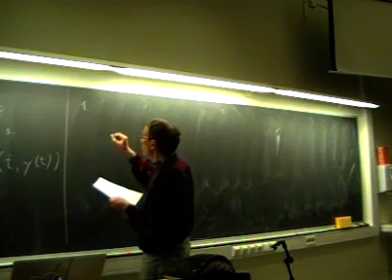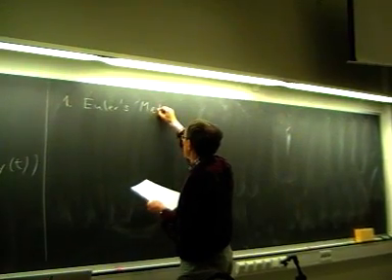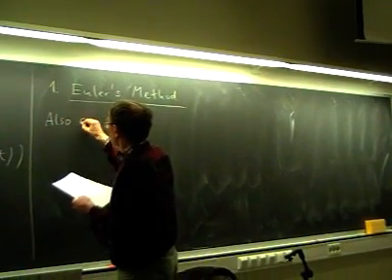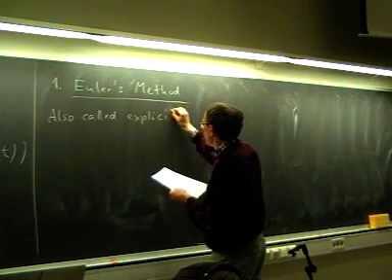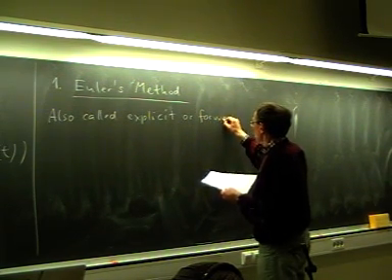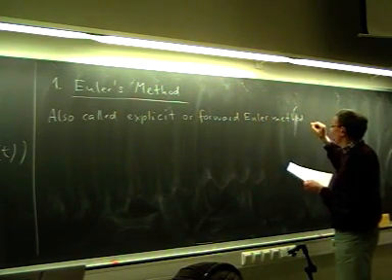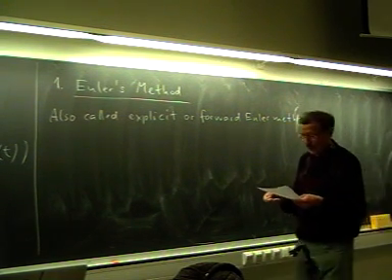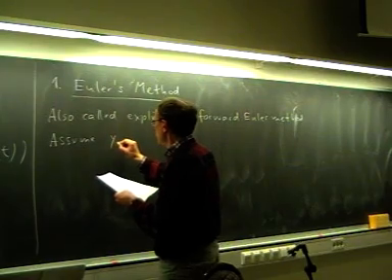The first method that you certainly remember, I hope, is Euler's method. This is also called explicit or forward Euler method. Explicit Euler method or forward Euler method. So in here we assume yn, that is now the notation.